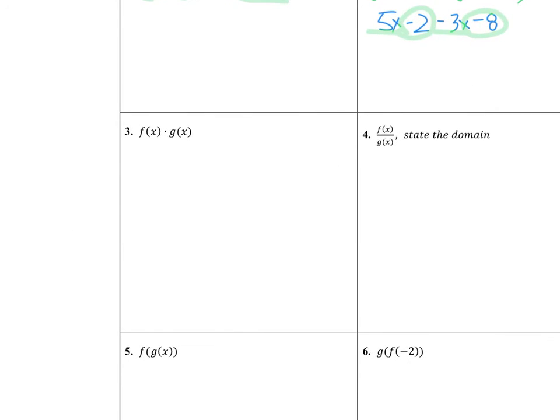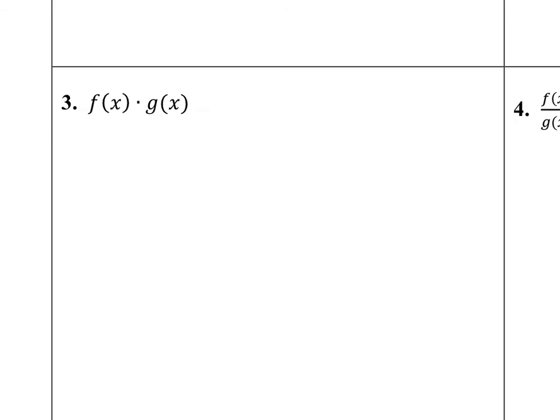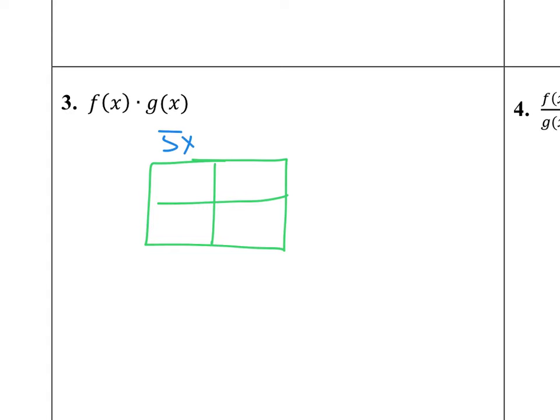Moving on to number 3. Now we're just going to multiply. I recommend using the box, like this. So we have 5x minus 2 and 3x plus 8.